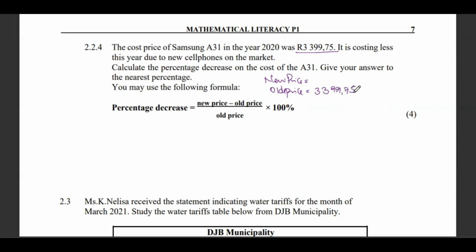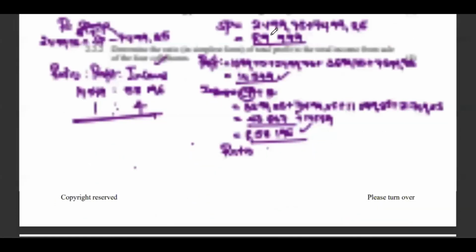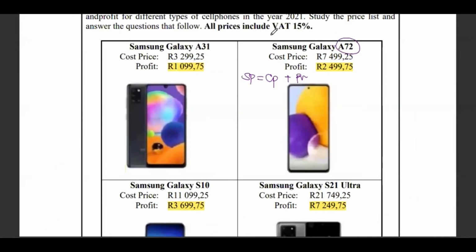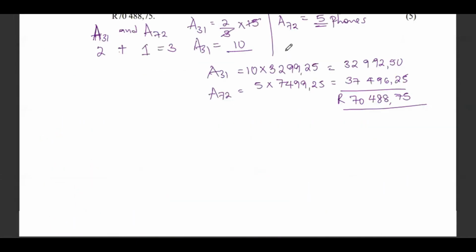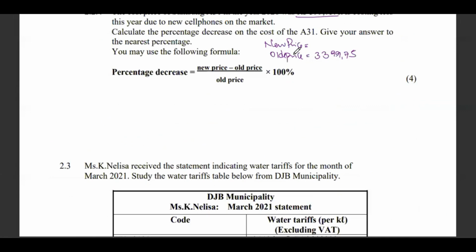Then the new price is the one which is on the chart, 329. So let's substitute.